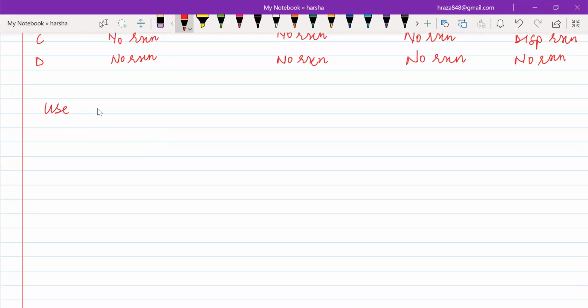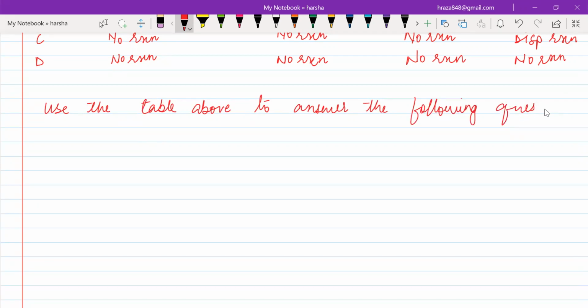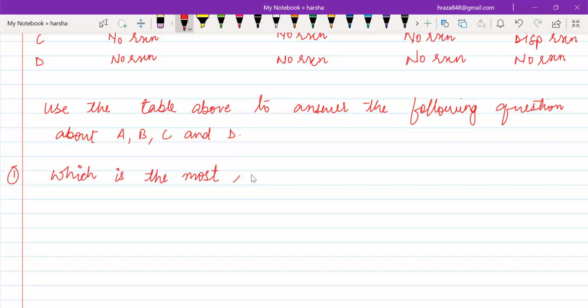Use the table above to answer the following questions about A, B, C, and D. The first question is, which is the most reactive metal?